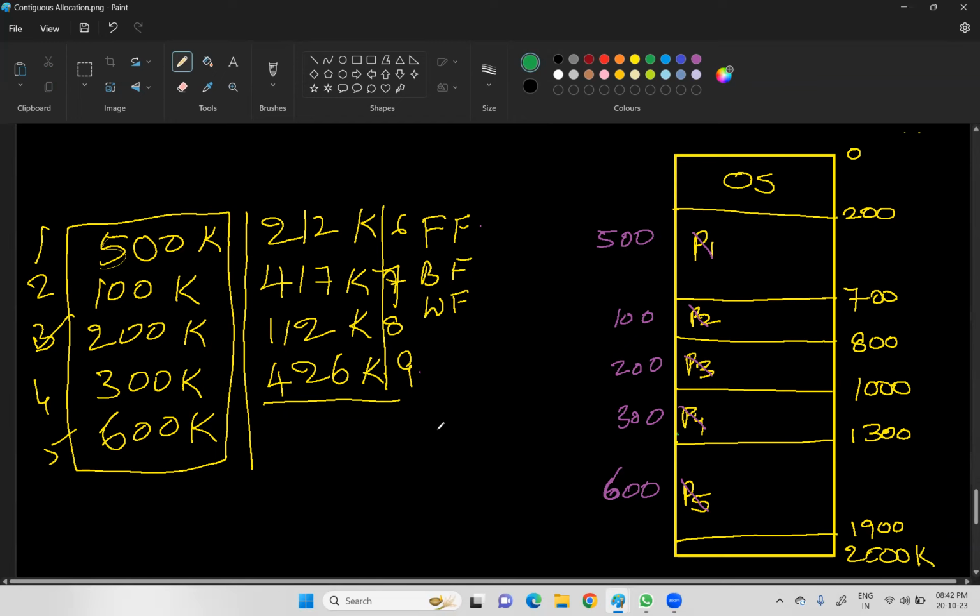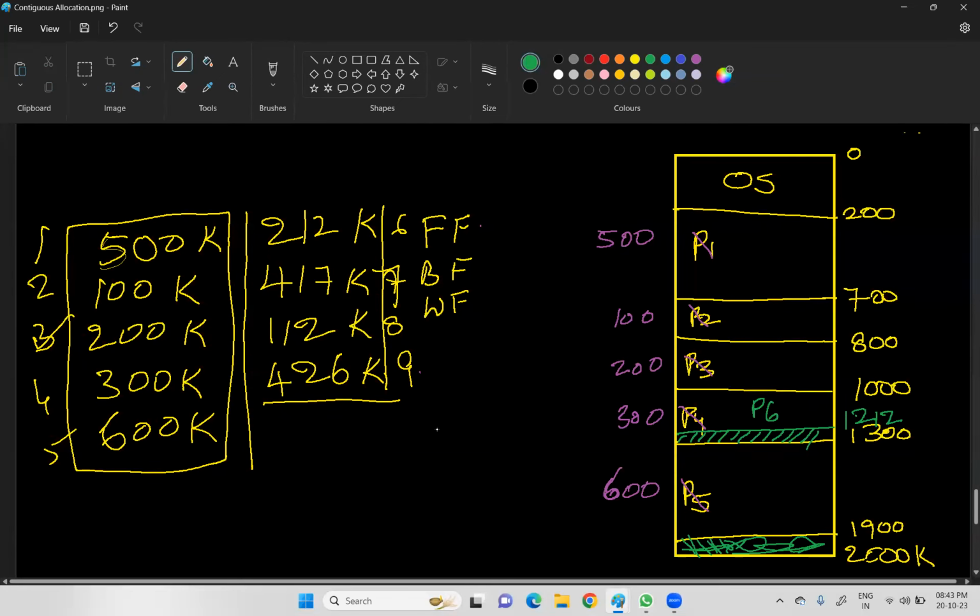P6 is being allocated, and this is the internal fragmentation available for that particular process. Of course, this is external fragmentation. So 1212 will be the new address of this one. P6 was allocated.